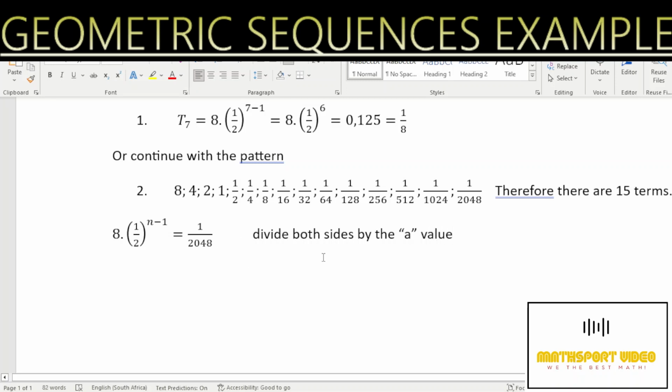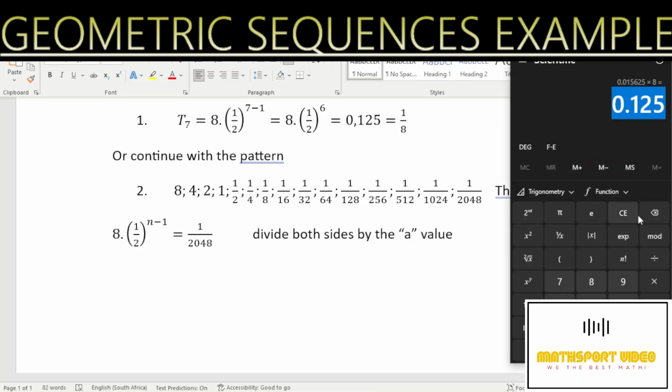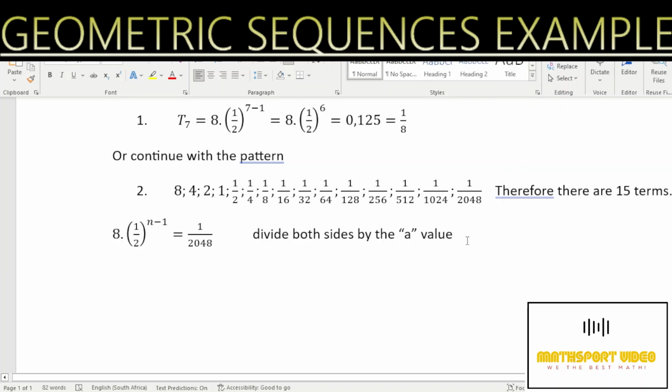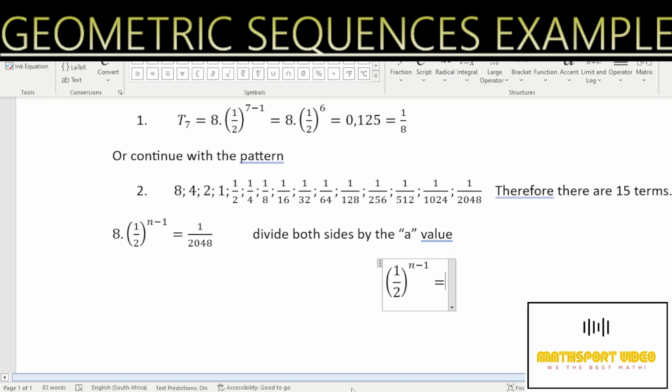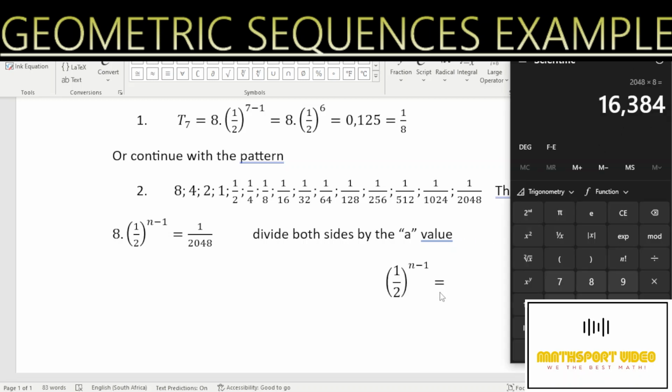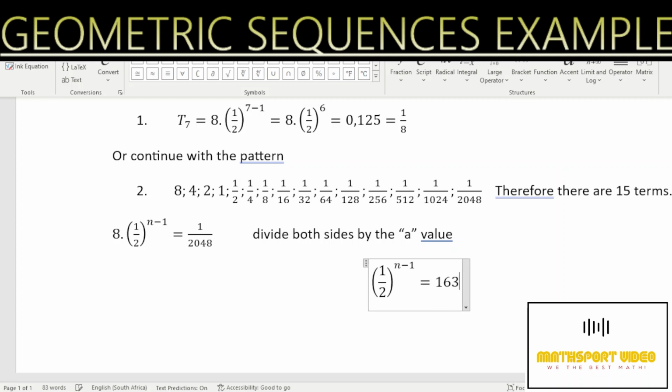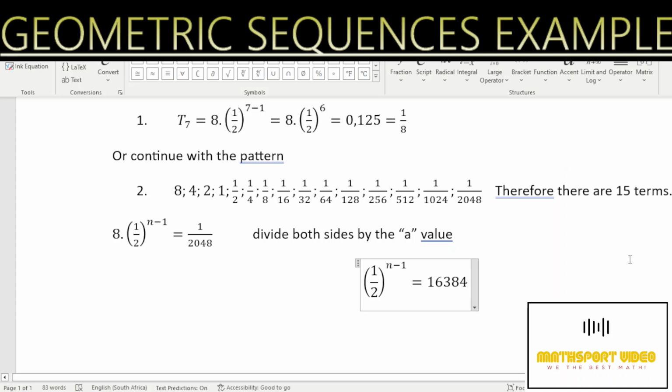The easy way for me to do this, with this calculator, is to work out 2048 times 8, which is 16,384. So when I divide both sides by 8, I get a half to the power of n minus 1 is equal to 1 over 16,384.